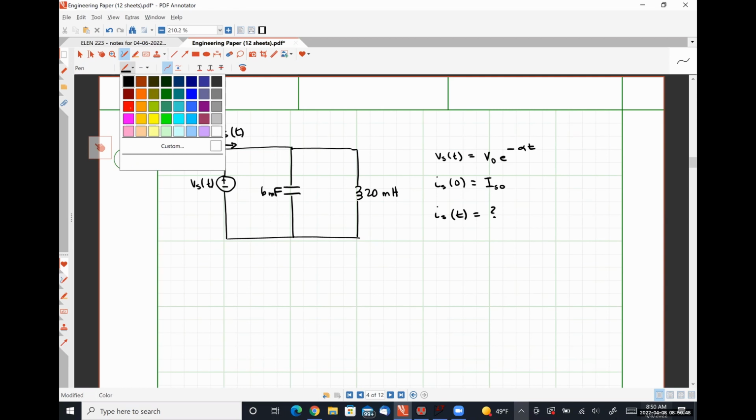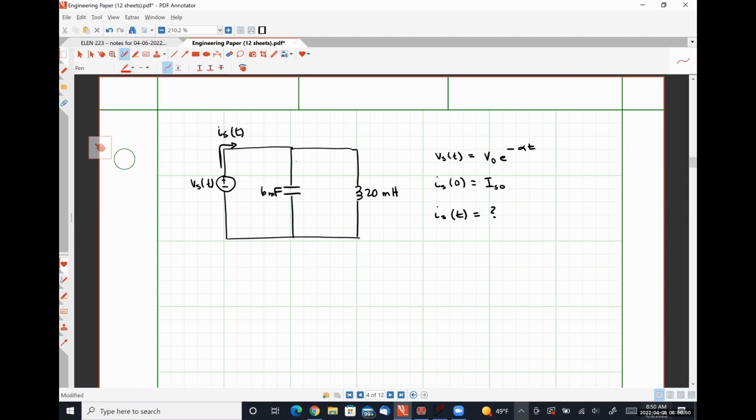So what I'm going to do here is make a simple observation. I'm going to call this current IC of t, and I'm going to call this current IL of t. Our goal in this problem is to determine the quantity IS of t.